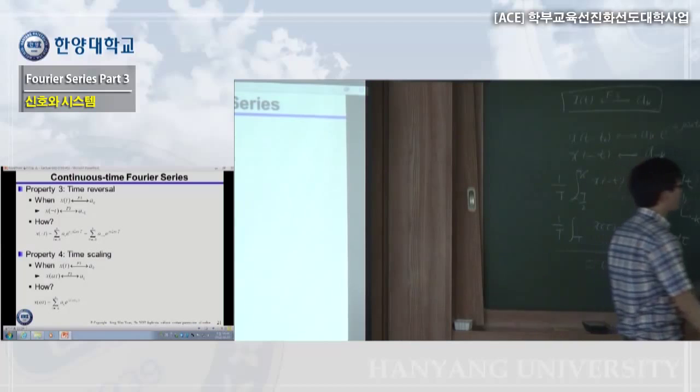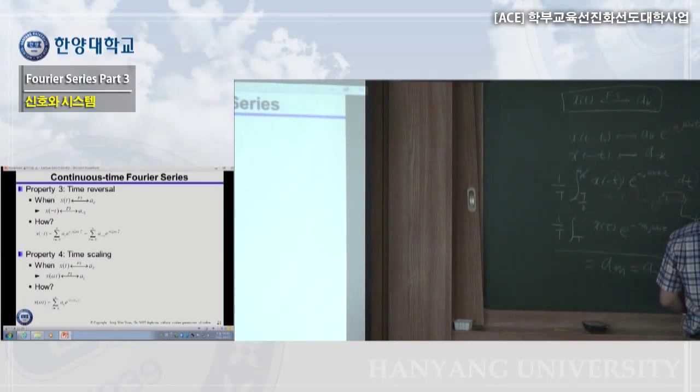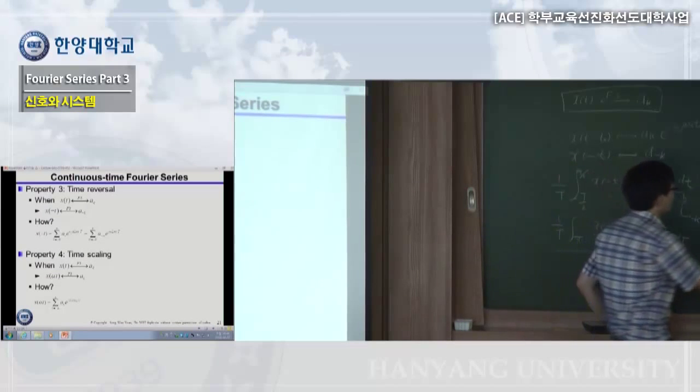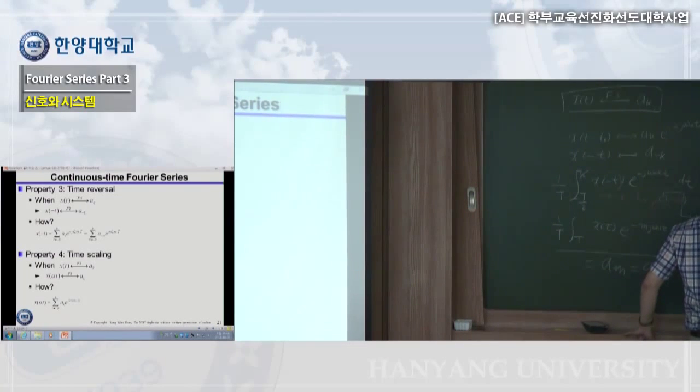Another, more straightforward way is not finding the coefficients but using the definition of Fourier series. There's a definition of Fourier series, right? We try to find what is x of minus t. Then let's put minus.